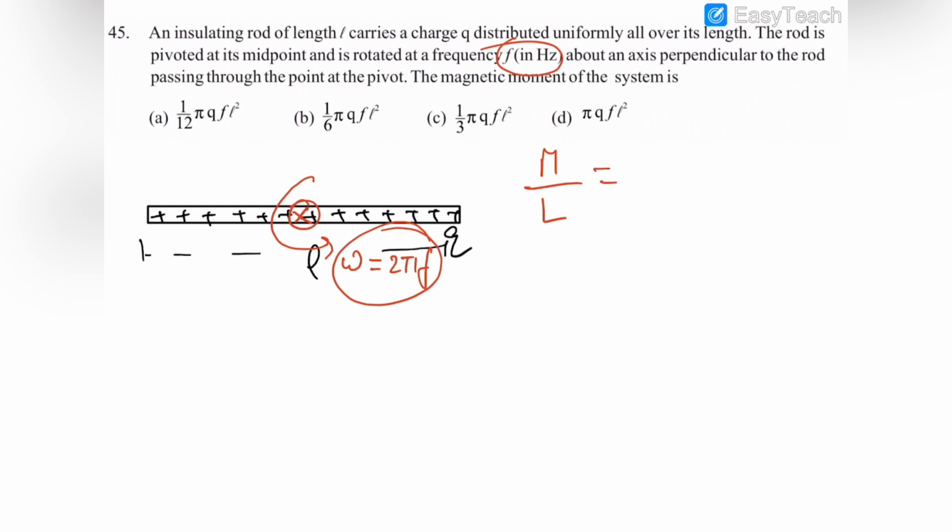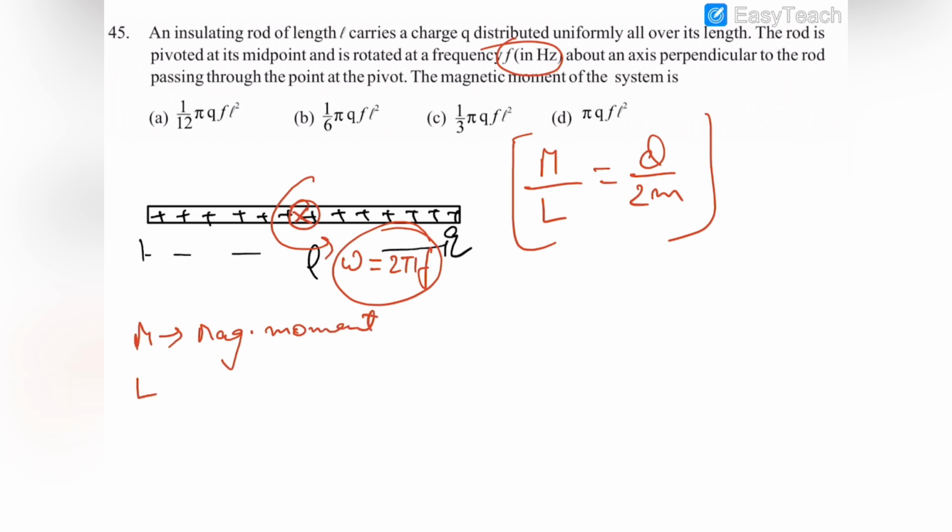So the ratio of m upon L is q by 2m, where m is magnetic moment, L is angular momentum, m is mass, and q is charge.